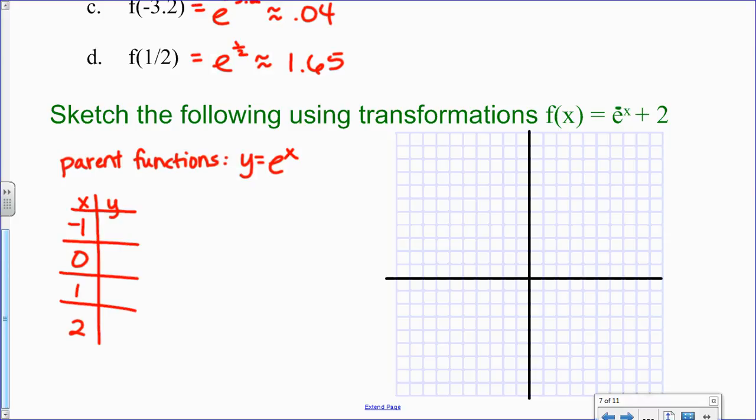If I round to two decimal places, because you have to round here since e is irrational, I have 0.37. e to the 0 is 1. e to the first is 2.71. And e squared was 7.39. Okay? So I'll go ahead and graph those. It still has a horizontal asymptote at y equals 0.